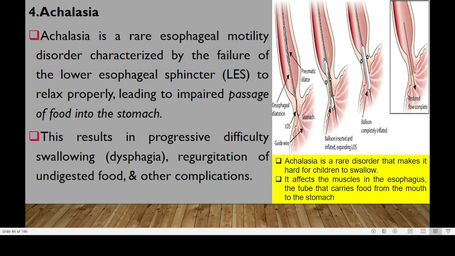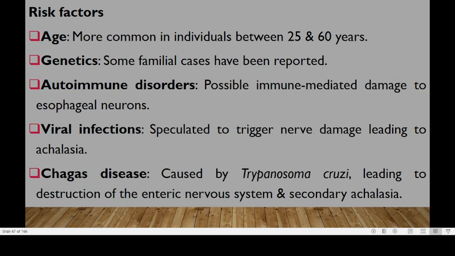This results in progressive difficulty in swallowing, regurgitation of undigested food, and other complications. It's more common in individuals between the ages of 25 to 60, and some familial cases have been reported.